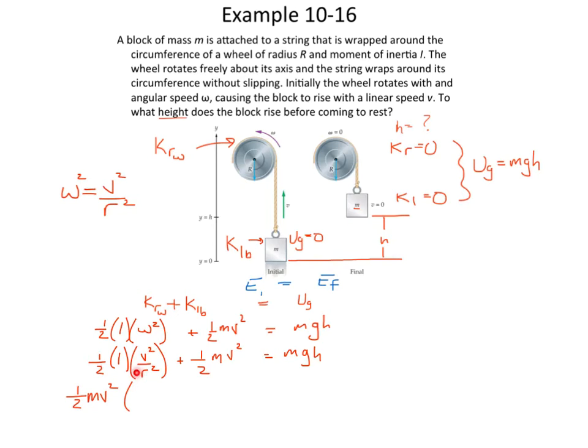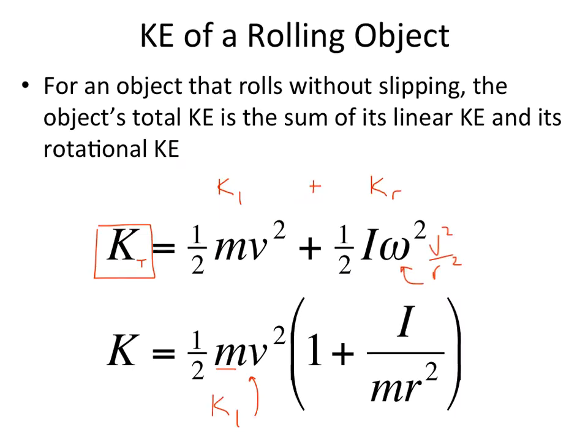So it's going to be I over m r squared. That's what we said happens, let me flip back here, right here. Yes, so it's I over mr squared.